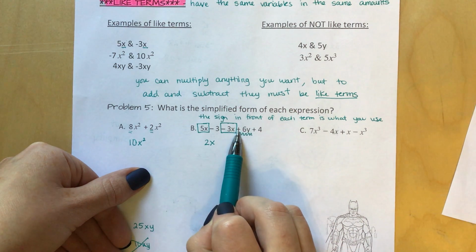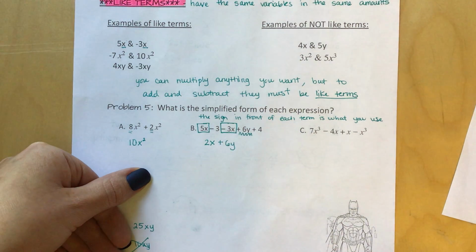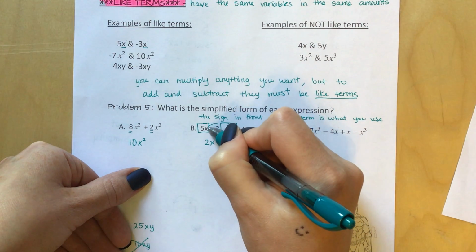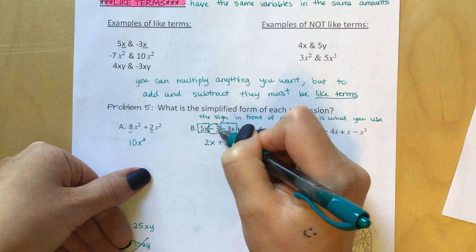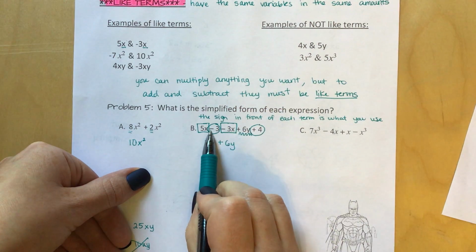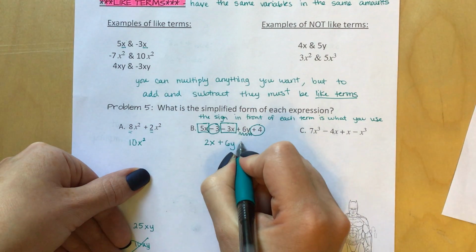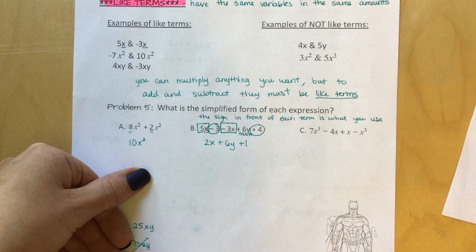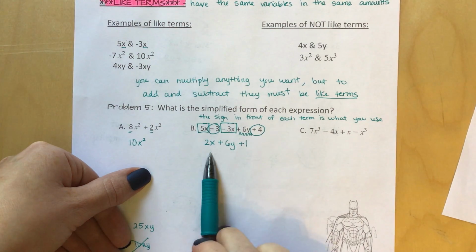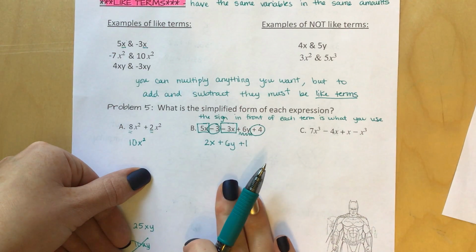I'm using the positive in front of it, so that means plus 6y. Now, I'm just doing my plain numbers, my constants, so negative 3 and positive 4. So negative 3 plus 4 is going to be positive 1. I can't combine these anymore. I looked at my like terms and that's all I have, so I'm done at this point.